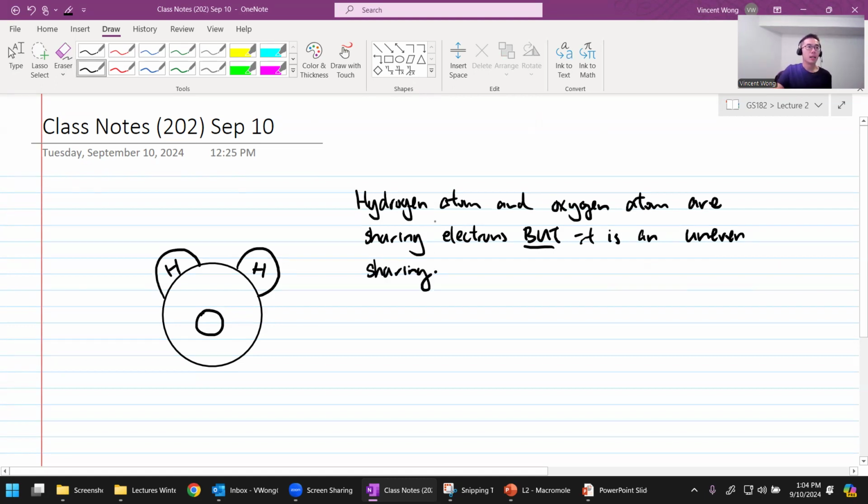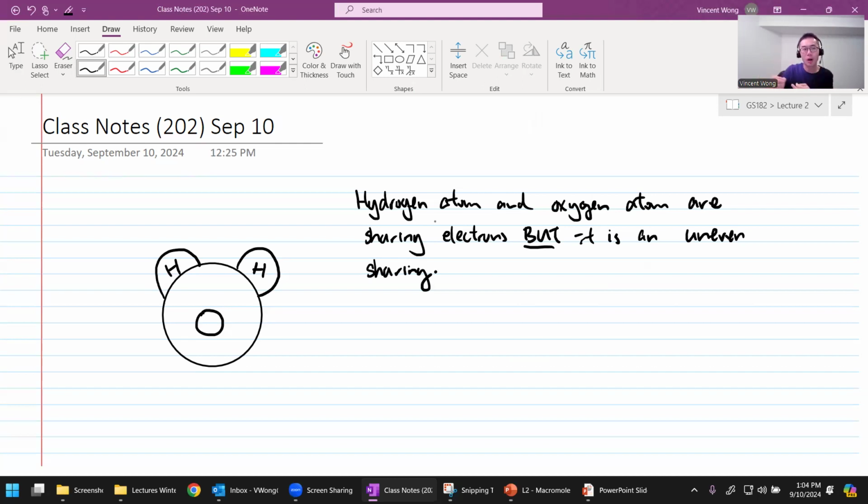It's like my 2 kids. I buy them a toy and I'm like, hey, you guys got to share it. I'm only buying one. And they're like, okay, we'll share. But then my older one is always hogging it afterwards, right? Even though they're sharing, my older one is usually playing with it more. That's basically what happens here.